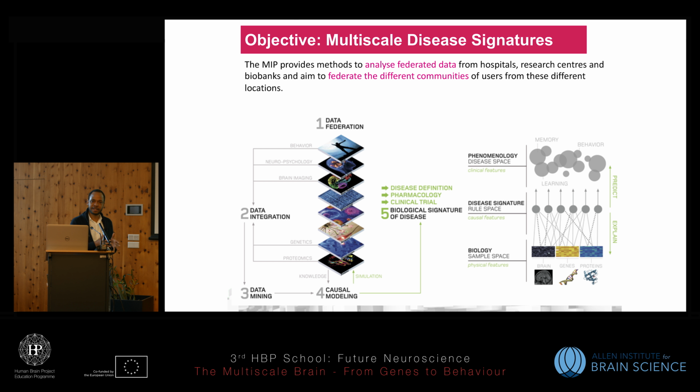You have studies of disease which, like in our lab for example, are biased toward brain imaging. This gives you a certain picture, but not the total picture. And you have people who start with a certain gene and try to find the link between often one single gene and disease. So the first principle of this biological signature of disease is that we need to take these different modalities into account first.